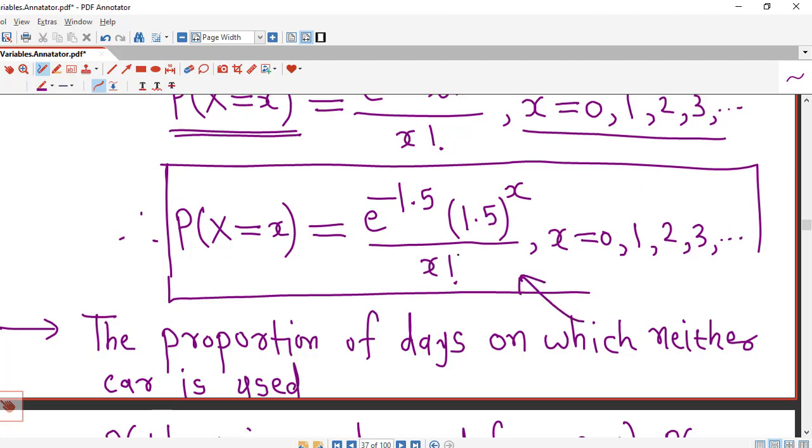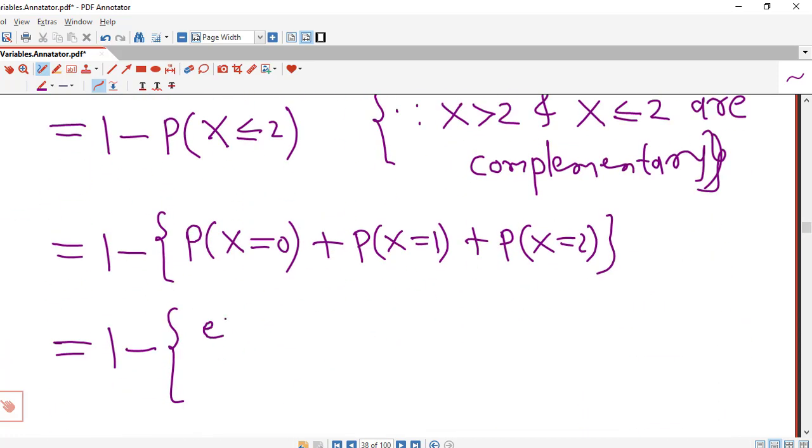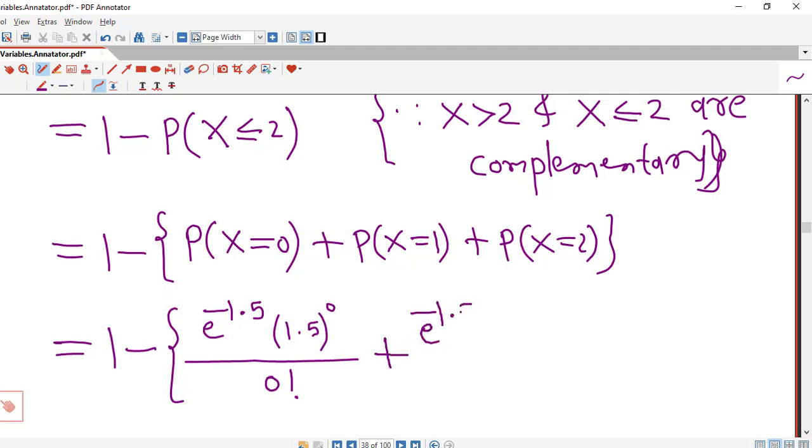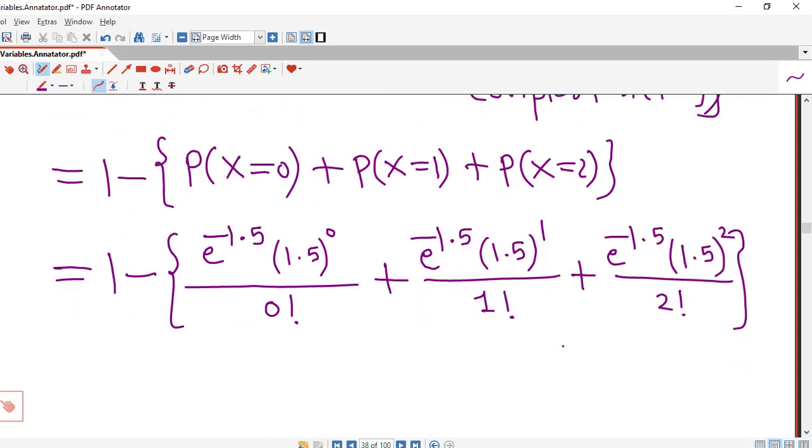So 1.5 raised to x over x factorial times e raised to minus 1.5, which can be taken common, but first we write all this. 1.5 raised to 0 over 0 factorial, plus, for small x equal to 1, 1.5 raised to 1 over 1 factorial, plus 1.5 to the power 2 divided by 2 factorial, all multiplied by e raised to minus 1.5. In each term we can take e raised to minus 1.5 common.